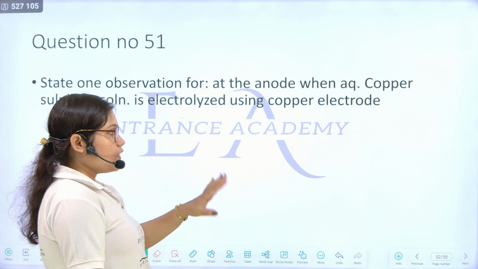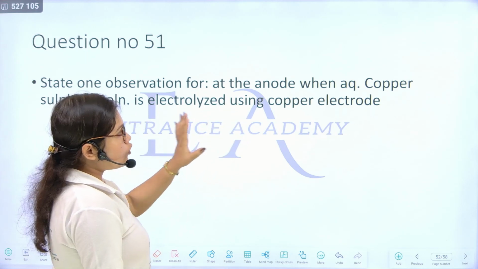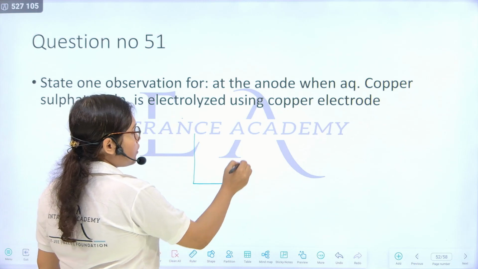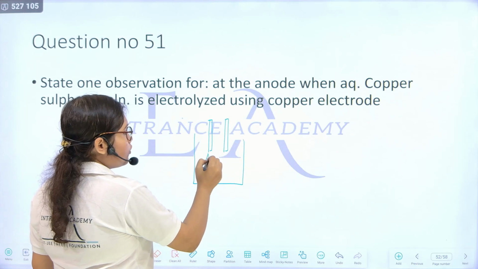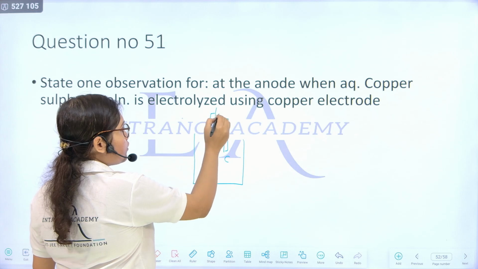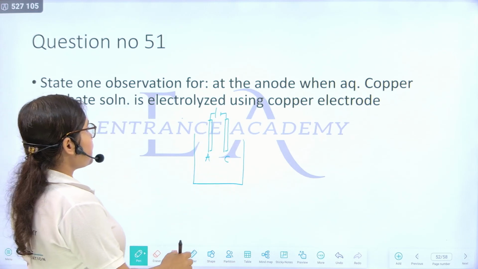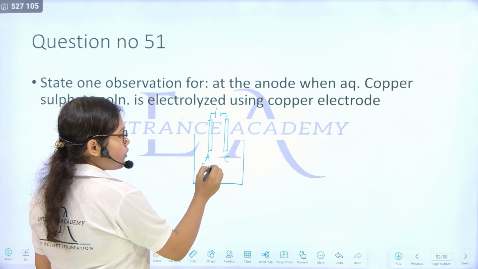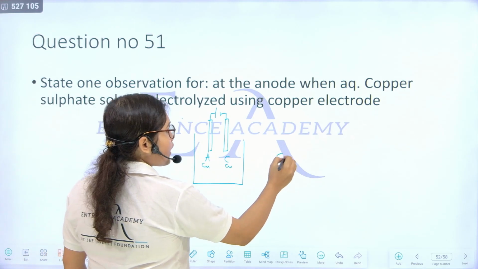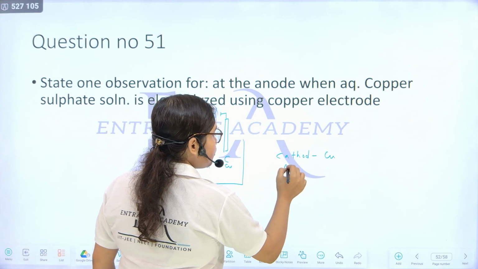We have already discussed this topic in a previous question. In electrolysis, this is the anode and cathode. Copper sulfate solution is electrolyzed using copper electrodes. So the cathode is copper and the anode is also copper.